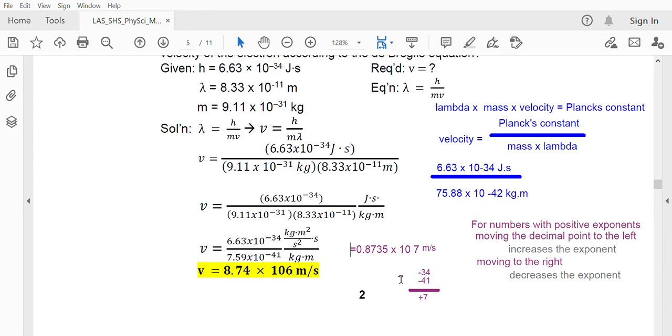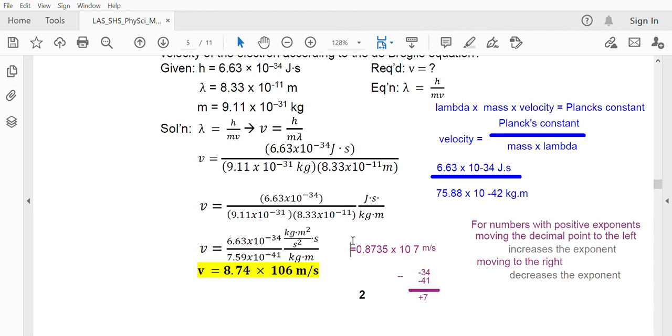So, again, minus 34 minus 41. Remember that we changed the sign of the 41 to positive and proceed to addition. So that means minus 34 plus 41. The answer is plus 7. That is why it is 0.8735 times 10 to the 7.